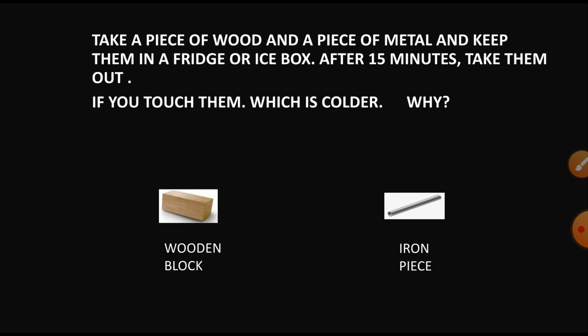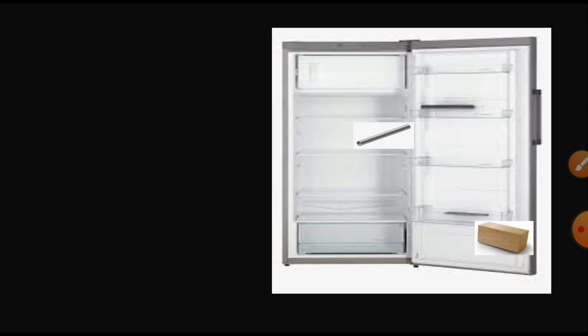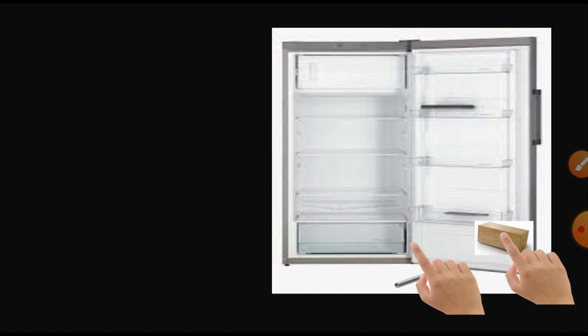I took a wooden block and an iron rod and kept them in a freezer. After 15 minutes, I took them out. When we touch those two objects, we can observe the difference in coolness.